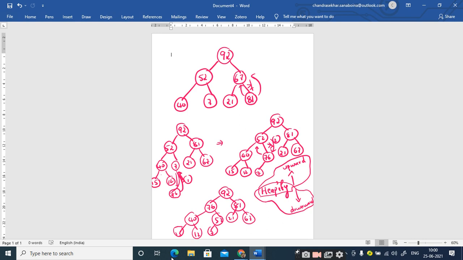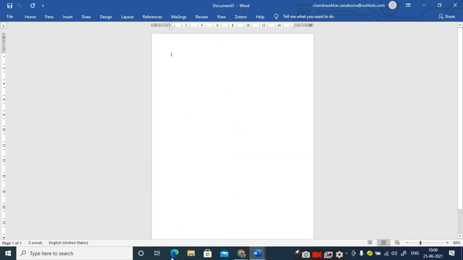So shall we construct the min heap also? We'll do it in a faster manner. You tell me some 8 elements, not more than 8.